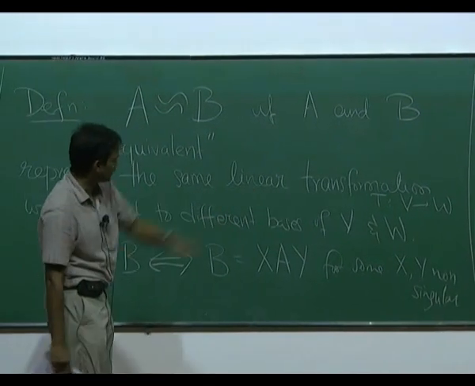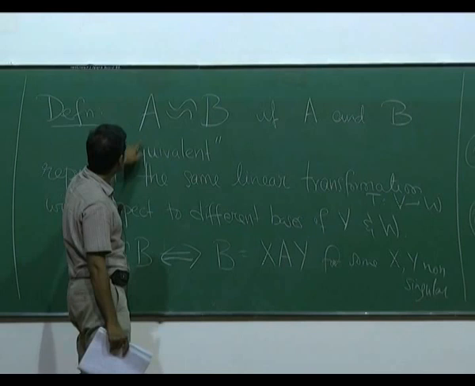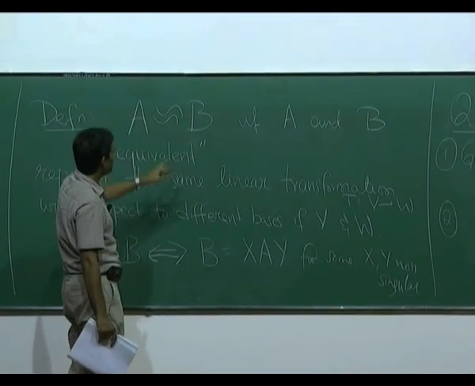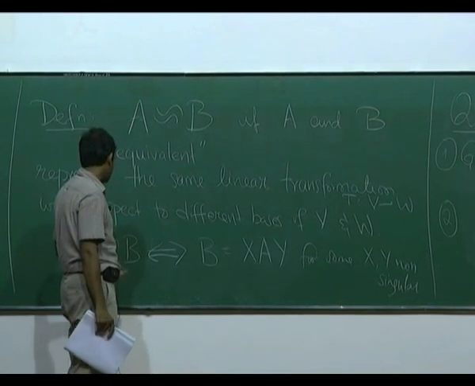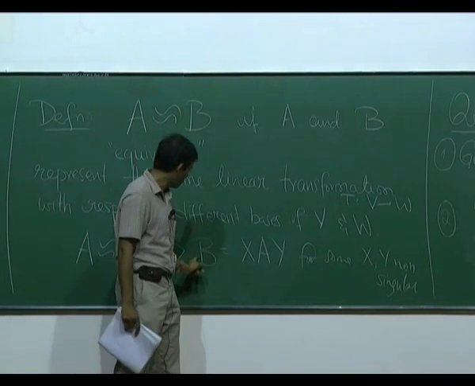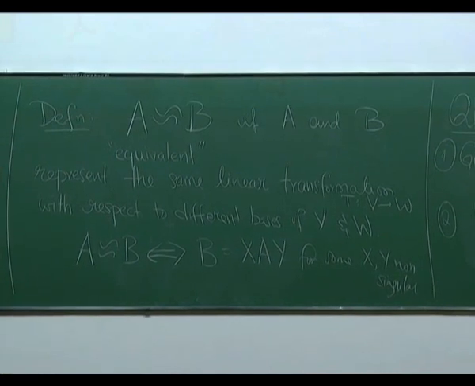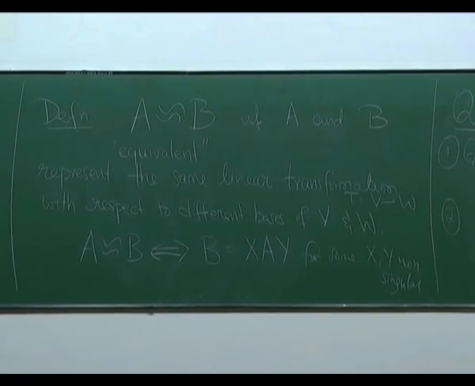Now, I have erased that exact description, and so we define two matrices to be equivalent if they represent the same linear transformation with respect to different bases, or in other words, if B is equal to x a y for some non-singular matrices x and y.